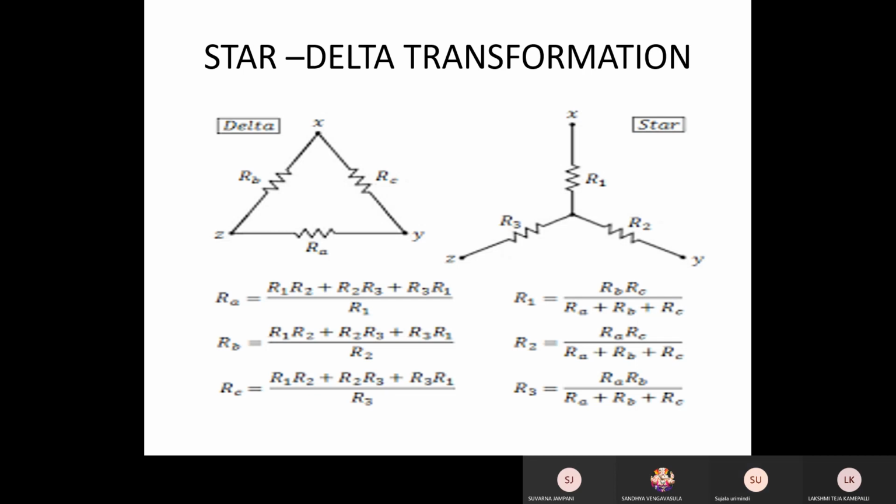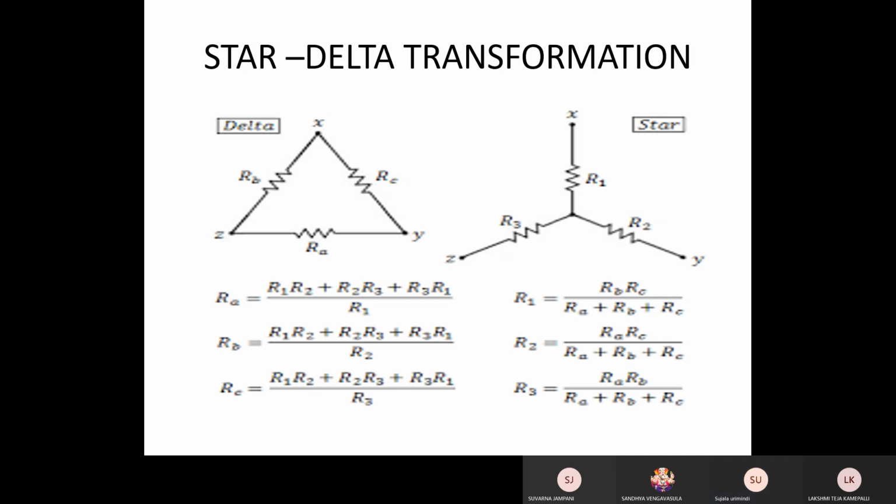And when you find out the R1, it is RJ, total resistance equal plus RC, like that R2 RA RC by RC, like to RA plus RC.